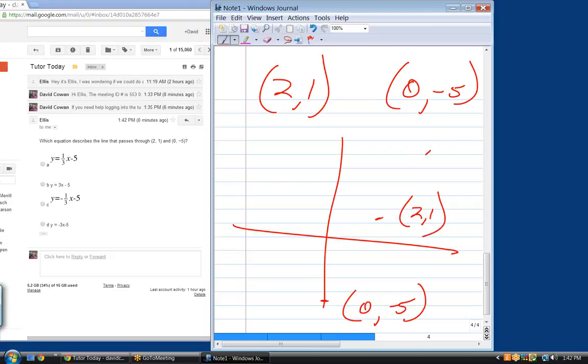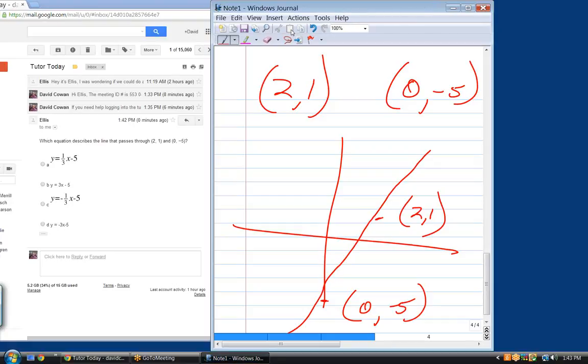If I connect those 2 points, there's only one equation that describes that line. In other words, all you need is 2 points. Or slope and 1 point. Both give you enough information to describe that line.